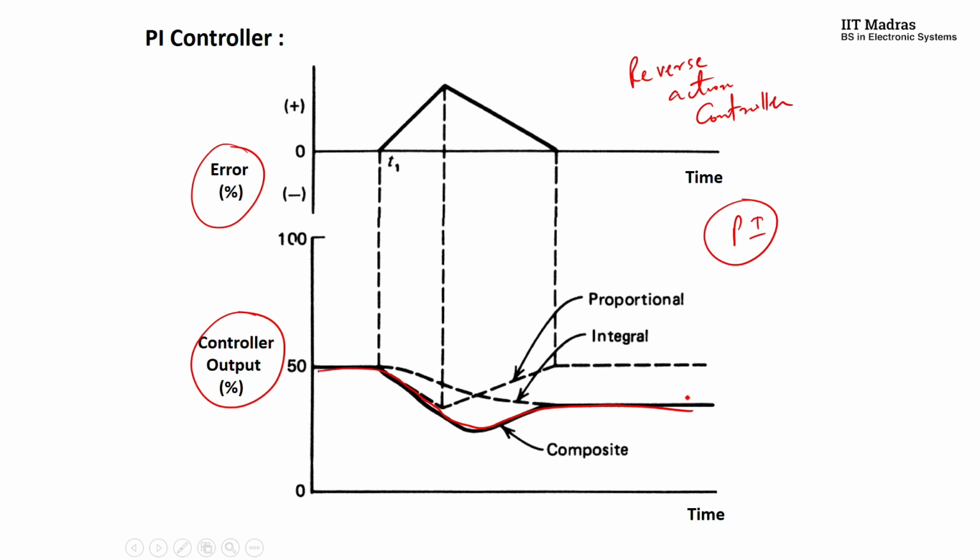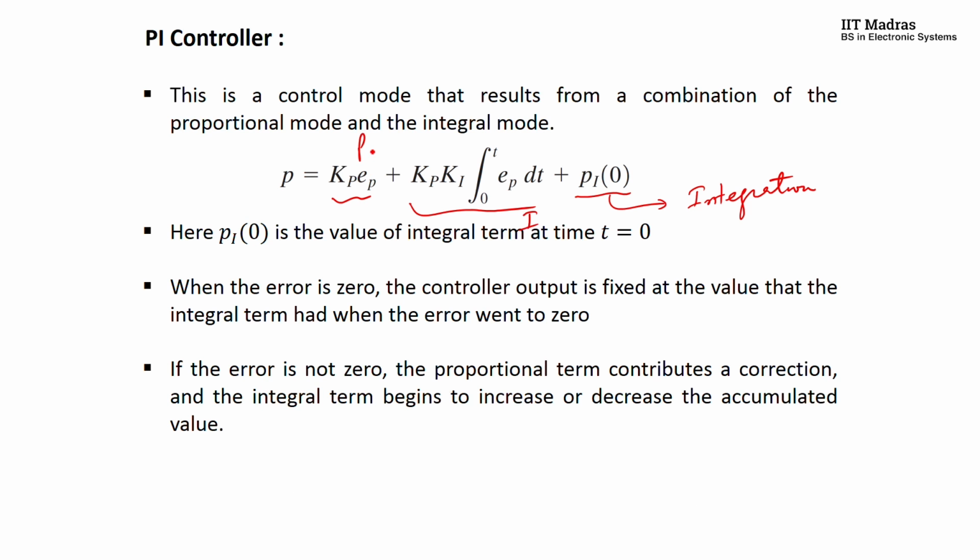So this is the way you combine the proportional integral control action to show the composite control action. That means you just have two components here: the proportional action and the integral action, and this comes from the last value of integral action output, which is represented by Pi of 0.